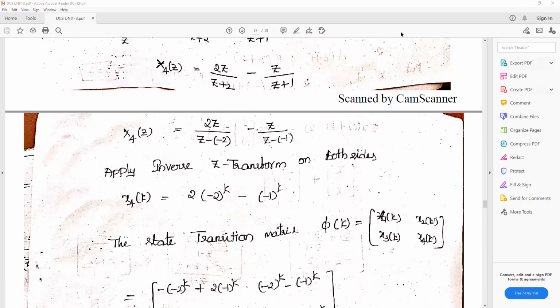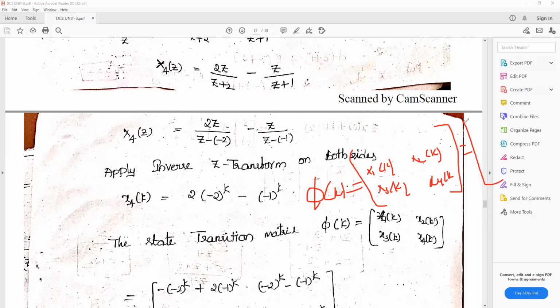In calculating the state transition matrix, phi of k is equal to x1 of k, x2 of k, x3 of k and x4 of k. x1 of k was already found: minus of minus 2 whole power k plus 2 into minus 1 whole power k.